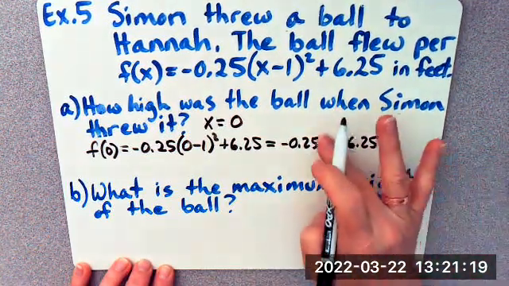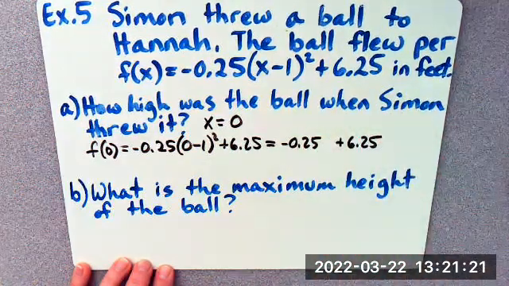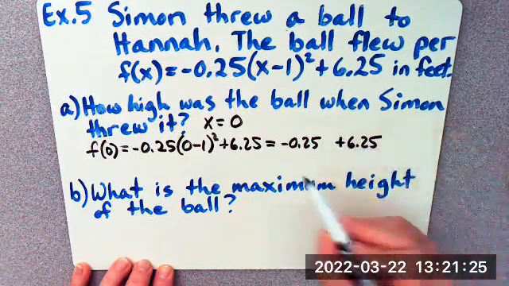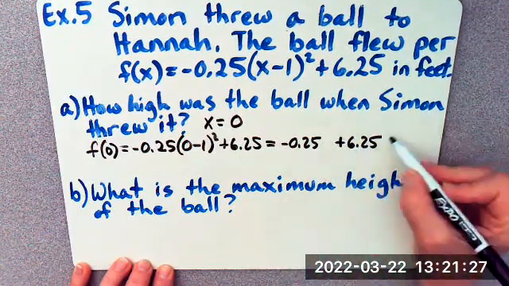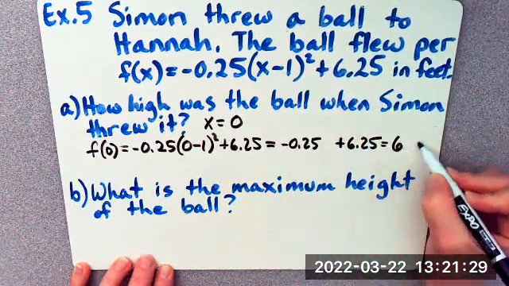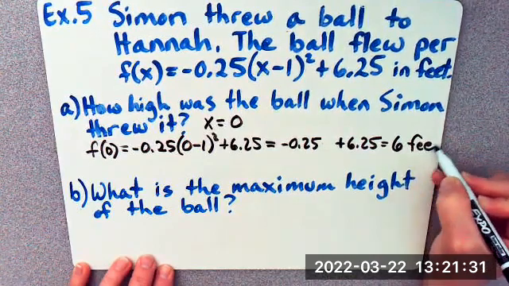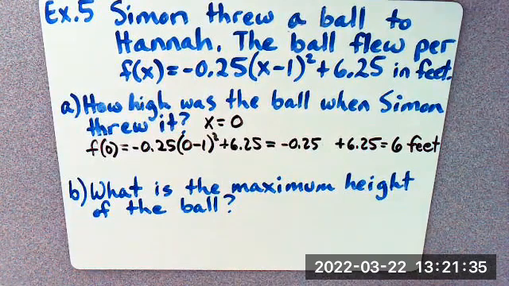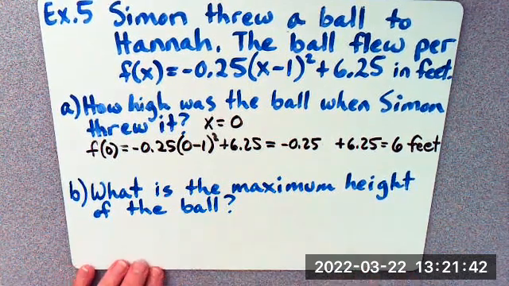So 1 times 0.25 is just negative 0.25. So when we add that together, it's at 6 feet. So when Simon throws the ball, he's not throwing it over his head, he's throwing it about head level since he's about 6 feet.